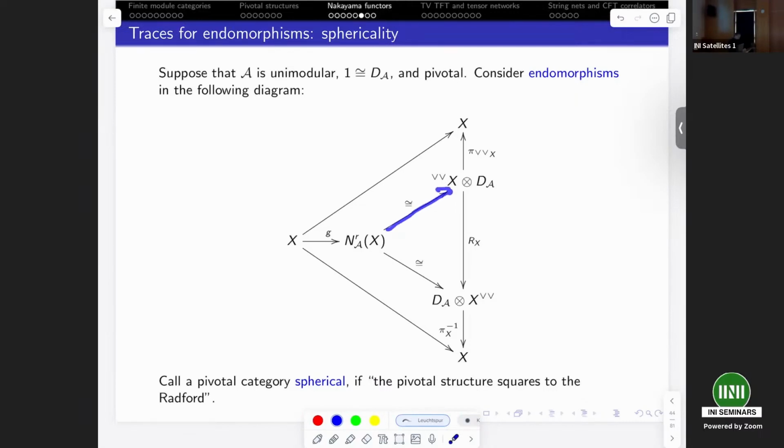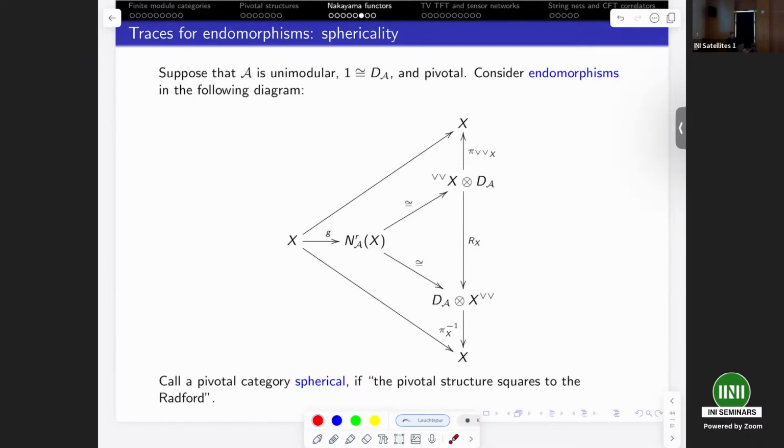You can use the explicit form of the Nakayama functor in this way, that you get a double dual here and the distinguished invertible object here, or you can go down to this form. They differ by the Radford isomorphism. So I should have put here an isomorphism.